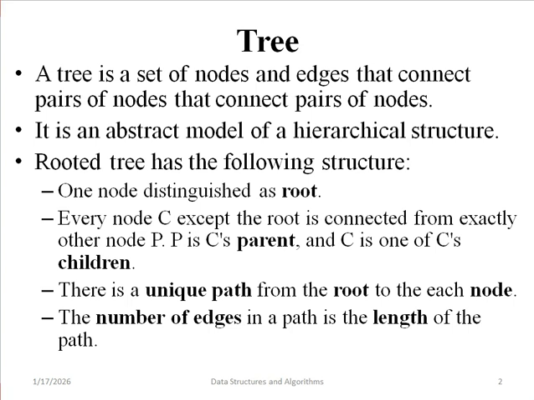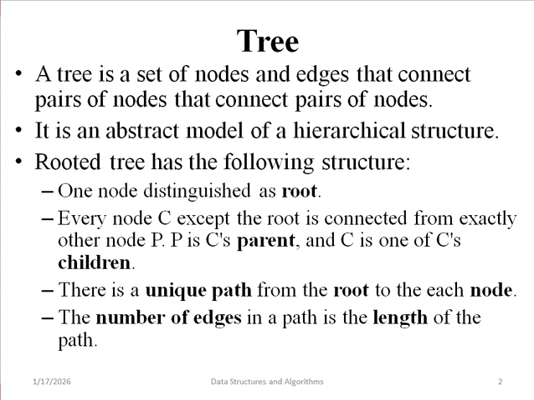Every node C except the root is connected from exactly one other node P, and P is C's parent and C is one of P's children. So every node except the root is connected from exactly one parent node.